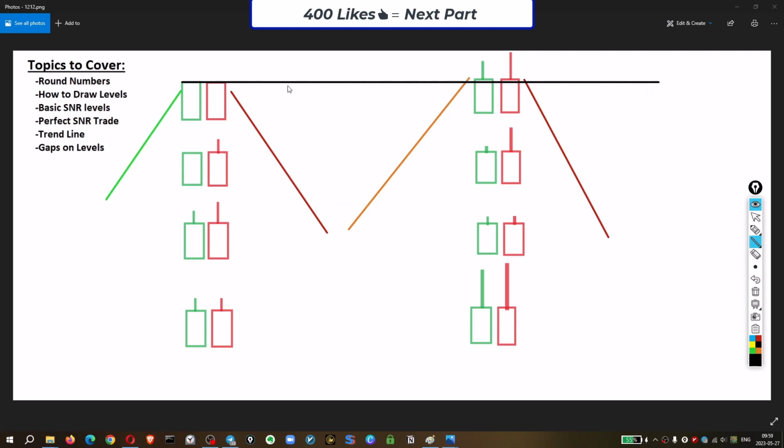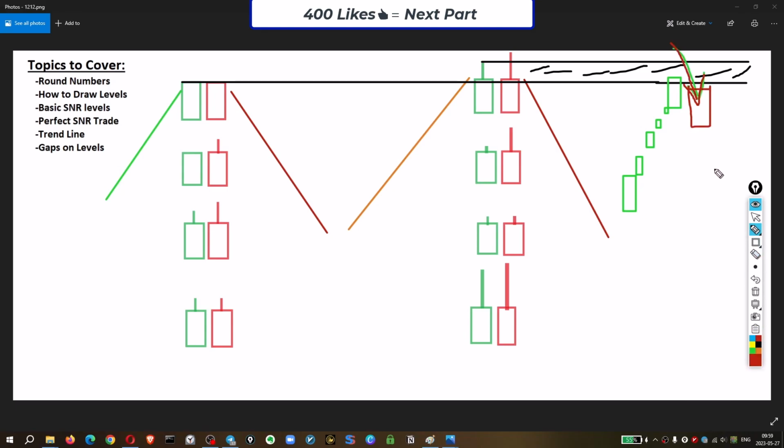And one common area. There's no shadow, so we have 2 shadows here. So this is going to be your level as a next seller's entry. So when we have green candles coming up and close on this level, we go with the sellers for the next candle, okay?